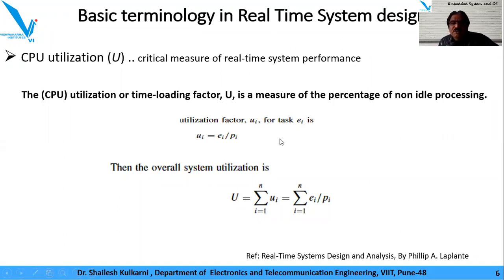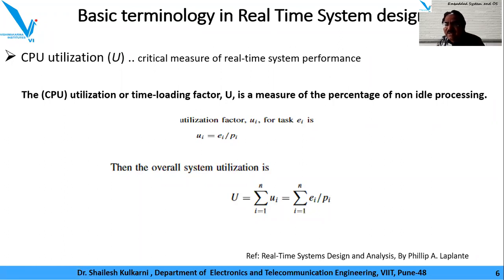Getting it? So the utilization factor of task i, if I refer to that as Ui, for the task execution time Ei, is the execution time Ei over the period of that particular execution, out of the total time of execution.